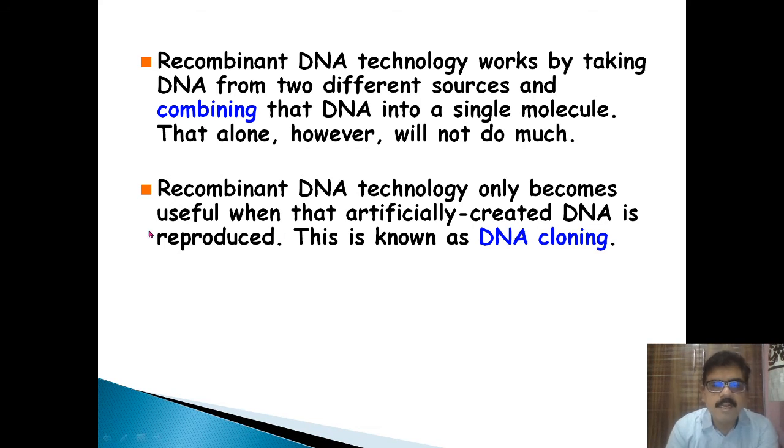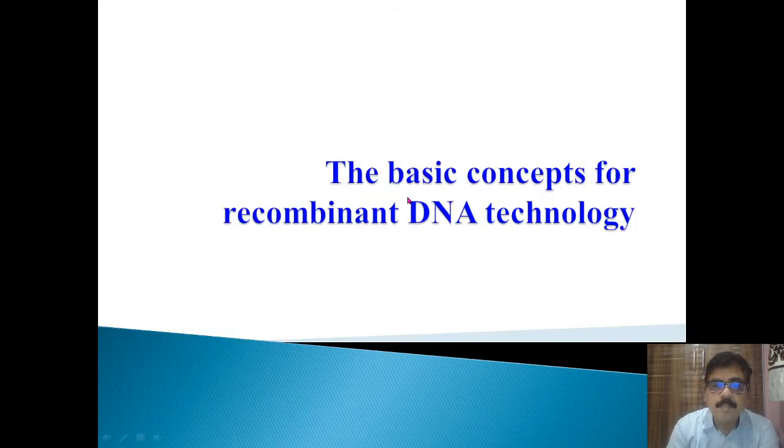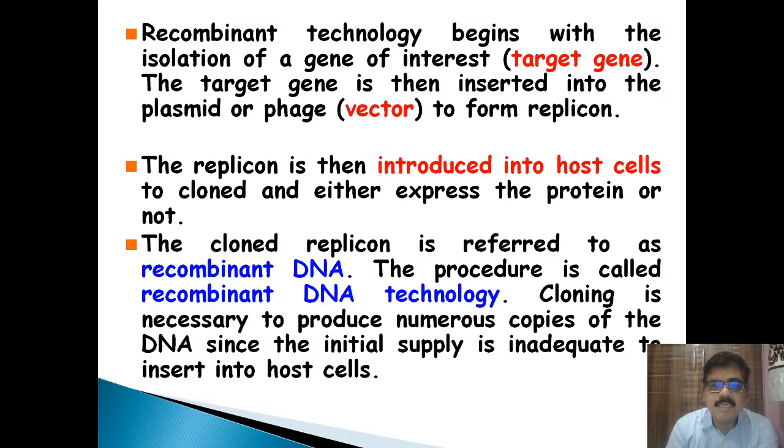The recombinant DNA only becomes useful when that artificially created DNA is reproduced, and this is known as DNA cloning. Identical copies can be made of this created DNA, and then it is called DNA cloning.